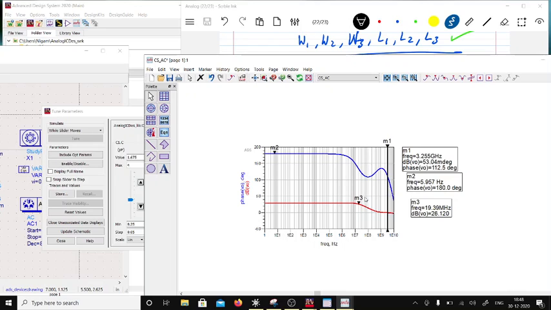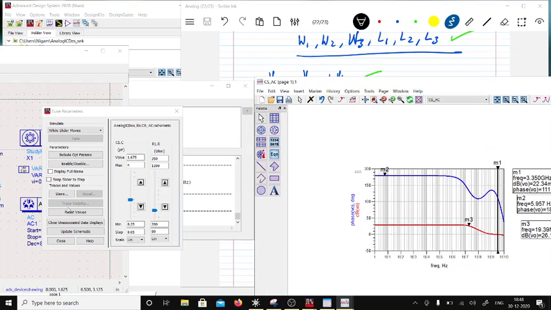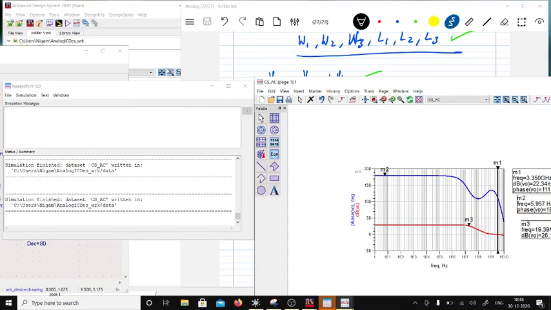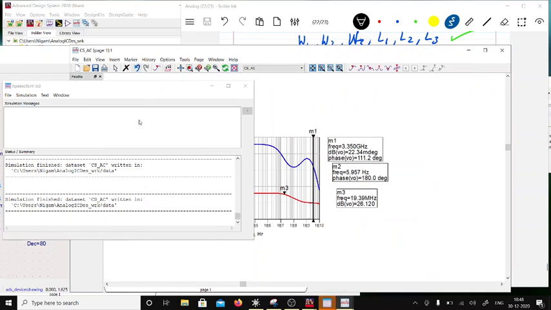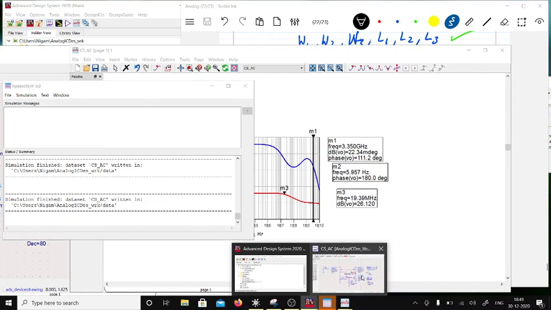Okay, I lost the phase margin here. So it becomes negative here. Okay, I have a phase margin of 111.2 degrees. So this is a good gain stage, right? I can do update schematic and close. Yes. So this is a good gain stage, but the problem stays.